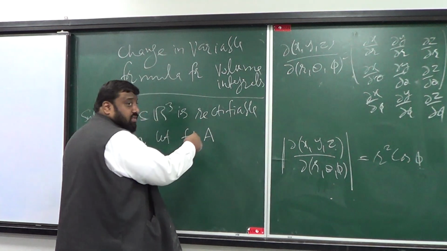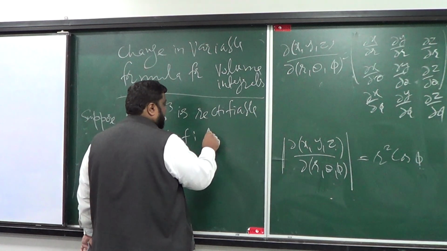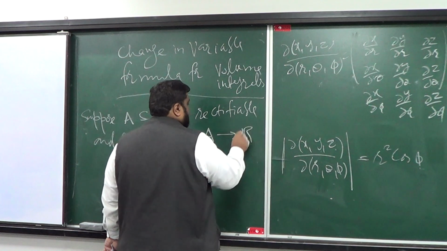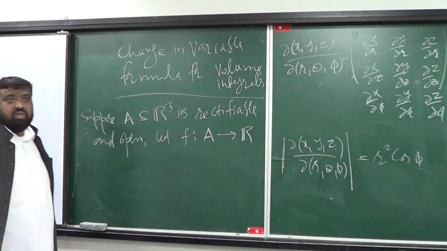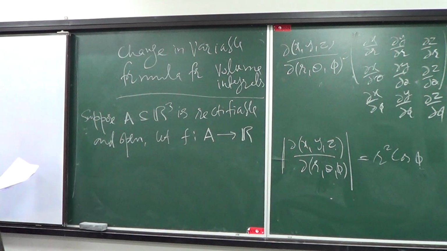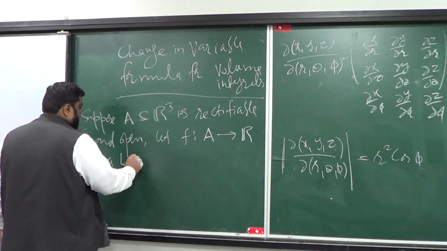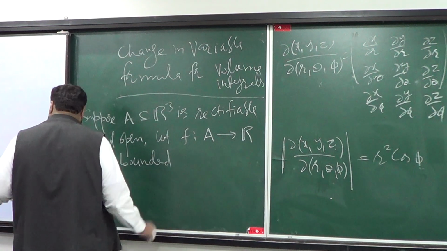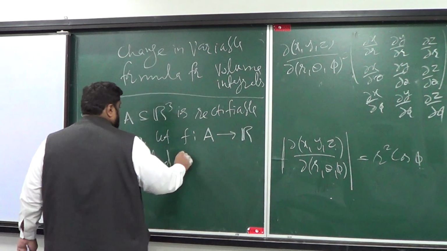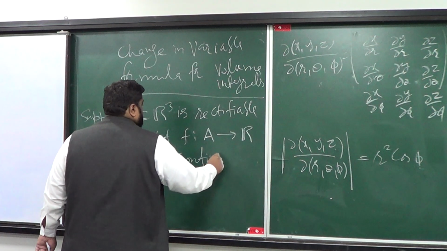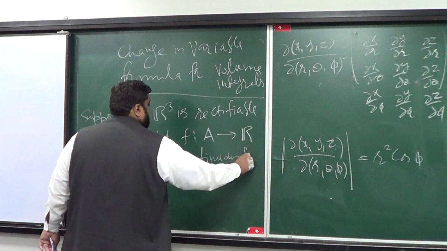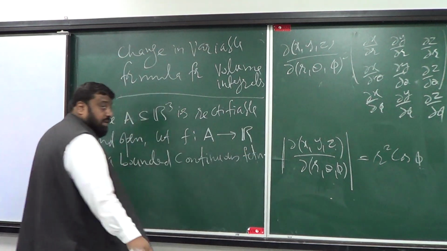So on this volume you are defining a scalar field f from A to R, a bounded continuous map, a continuous function.